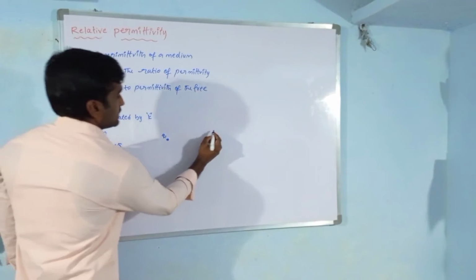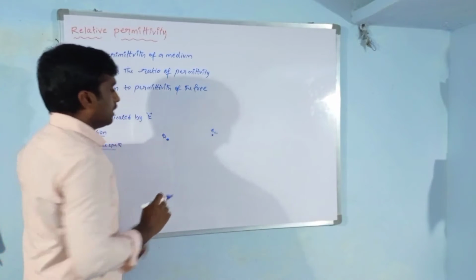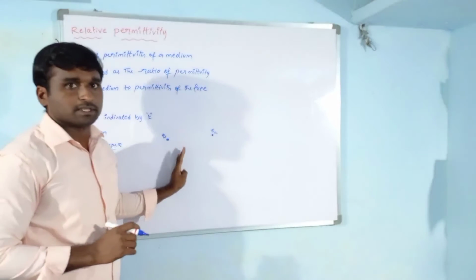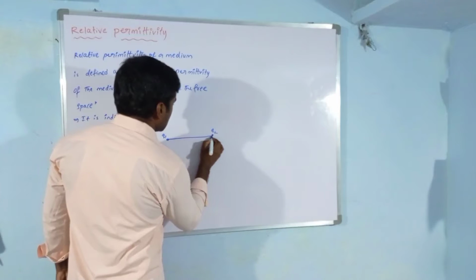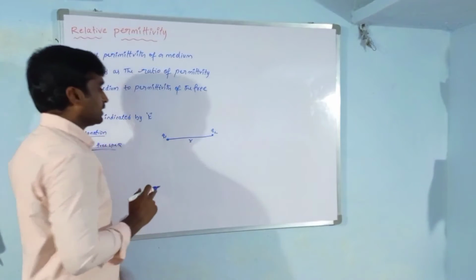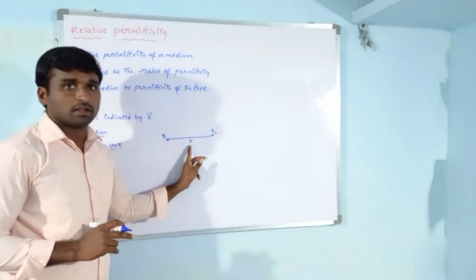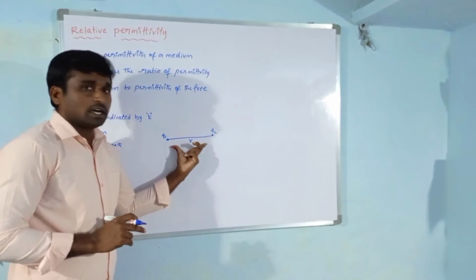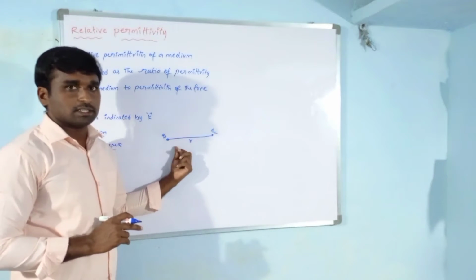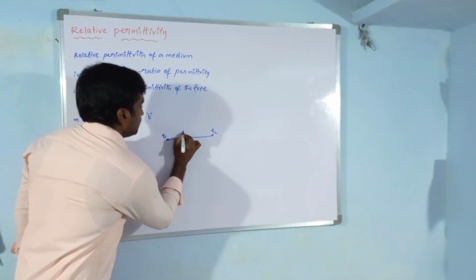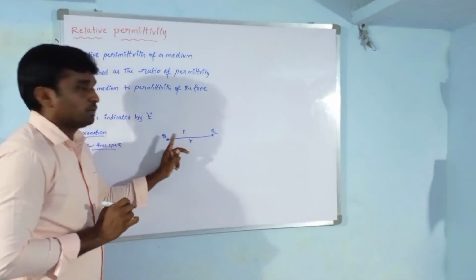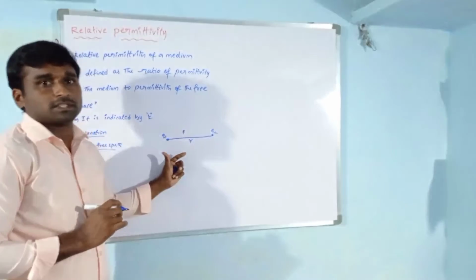These two charges Q1 and Q2 are at rest in free space, separated by some distance r. When these two charges are separated by some distance, there will be a force. That force may be either an attractive force or a repulsive force.